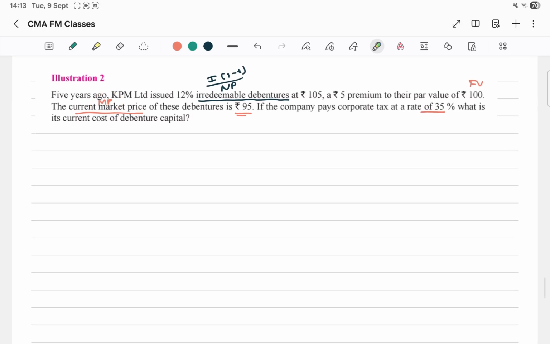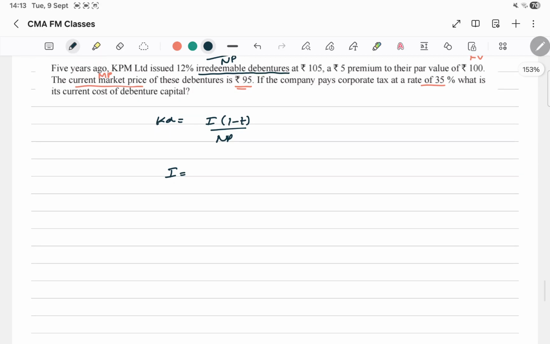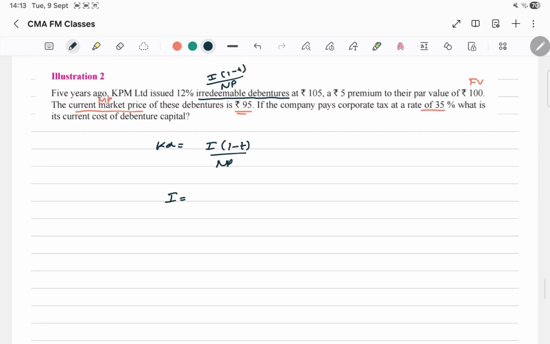That is what this illustration is all about. First of all, KD equals I into 1 minus tax divided by NP. So I is the 12%, which you will calculate on the face value.